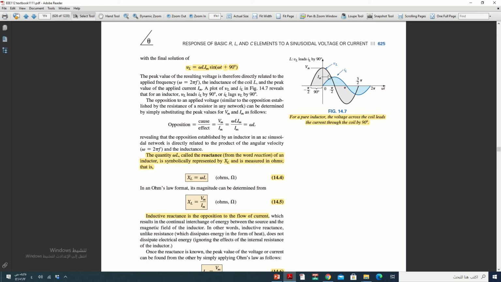Here the voltage reaches zero, then the current reaches zero. This means voltage vL leads iL, or we can say the opposite: iL lags vL. This is for a pure inductive load. If we apply the voltage to a pure inductor, the voltage across the coil leads the current through the coil by 90 degrees.